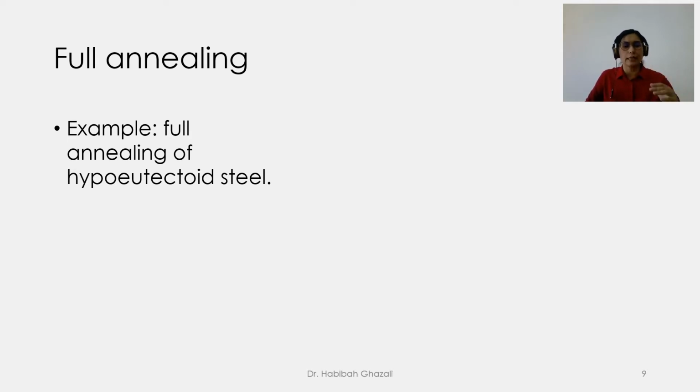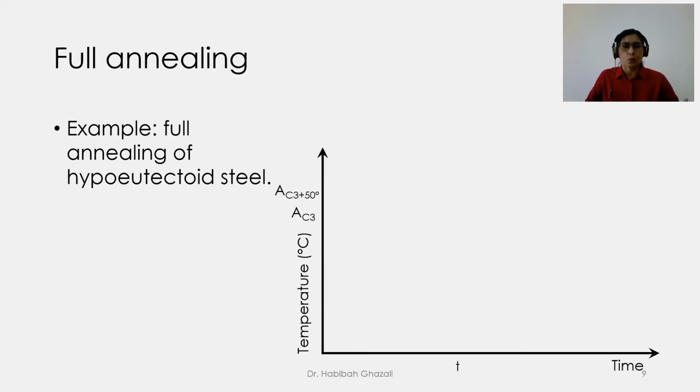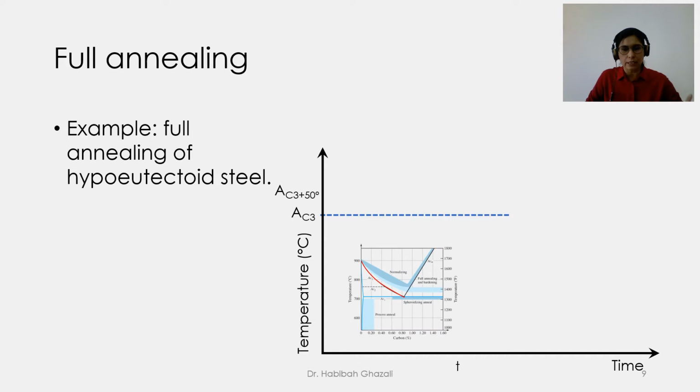To conduct full annealing for this type of steel, we have to heat it up above the temperature where austenite starts to form from pro-eutectoid ferrite. For hypoeutectoid steel, if you look at the phase diagram, above this line here, everything will transform into austenite.